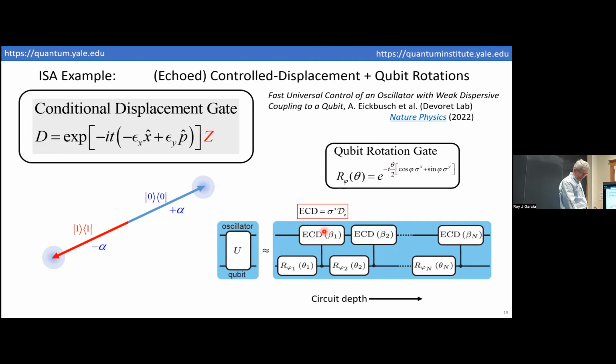And so I'll just make a circuit where I have qubit rotation, controlled displacement, qubit rotation, controlled displacement, just keep repeating that. And each of these instructions comes with parameters. How big is the displacement? How big is the rotation? And so I can do numerical optimization of this, not at the pulse level where I figure out what microwave pulses I'm applying, but at this next layer up where I have parameterized instructions.